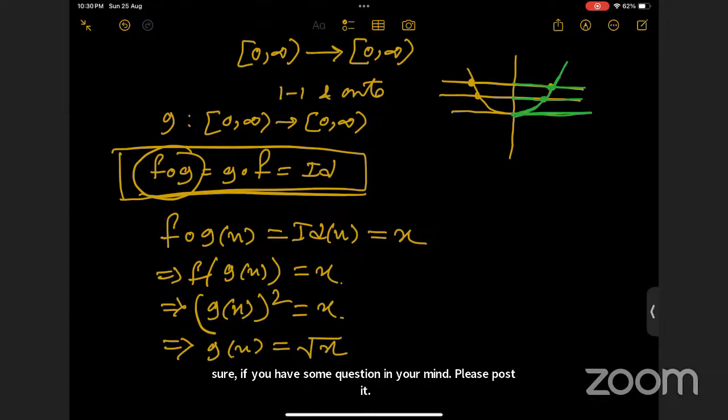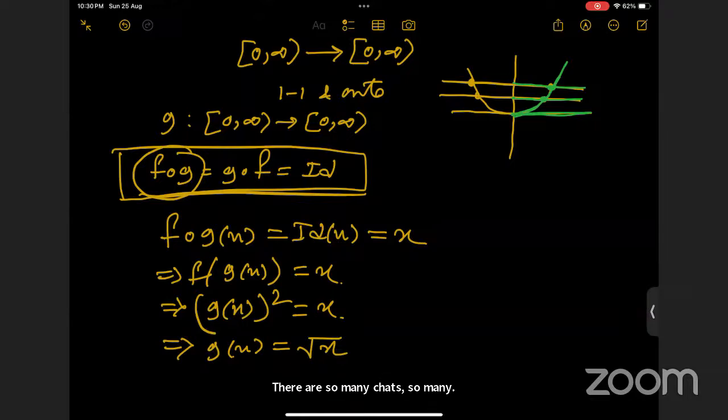Ma'am, shall I post my doubt again? Sure. There are so many chats, so many things, so I cannot find you. Just post it again. So the revision session was up to that. After that, I will cover any doubts, for just 10 or 15 minutes, as we are already out of time.